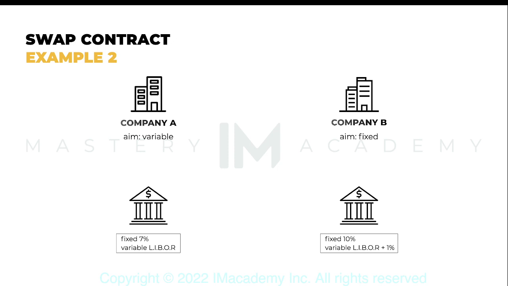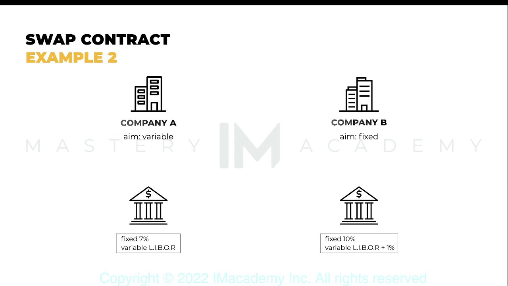So company A goes to its bank and is offered the following. Bank A says to company A, if you want to borrow 5 million from us, you can pay a fixed rate of 7%. On the other hand, if you'd like to borrow the loan at a variable rate of interest, you can pay us LIBOR.